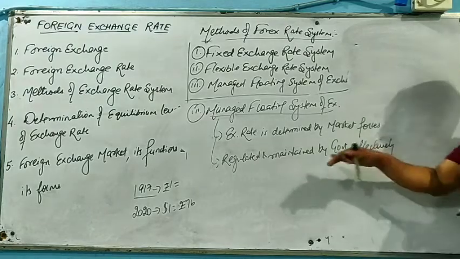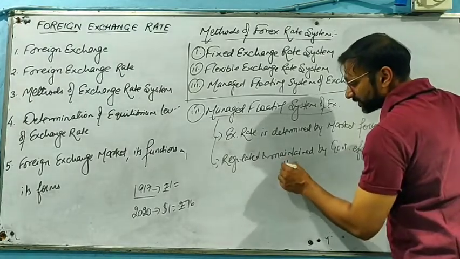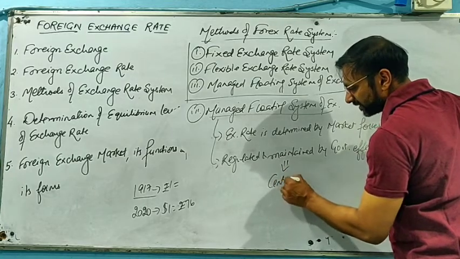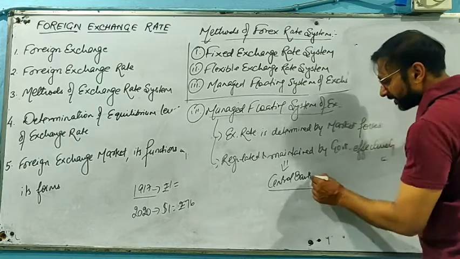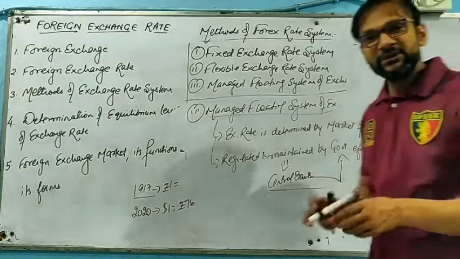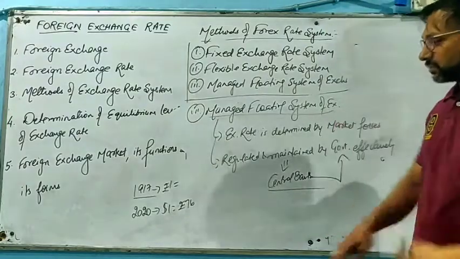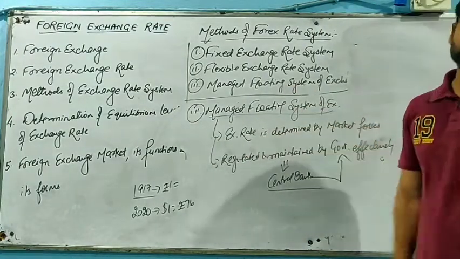If we say it is maintained by the government, who comes into the limelight? The central bank. The central bank, on behalf of the government, takes measures in order to control, maintain and regulate the exchange rate system.